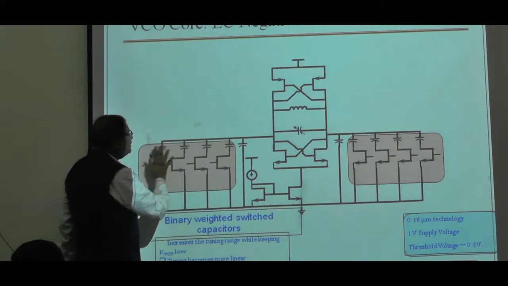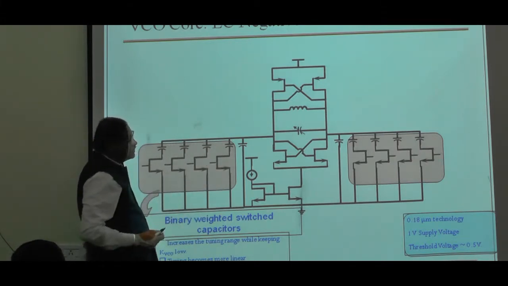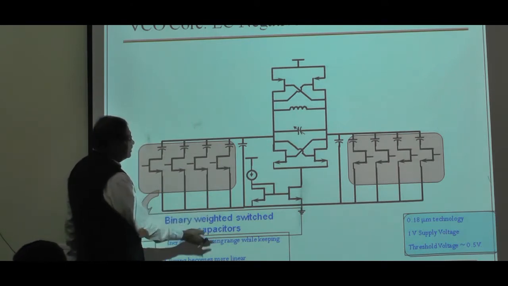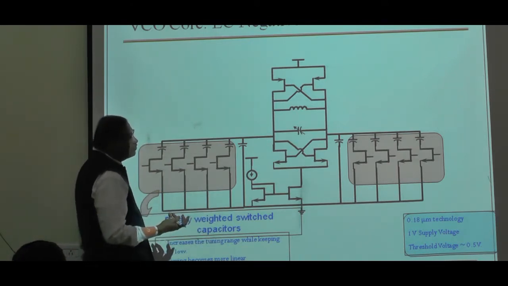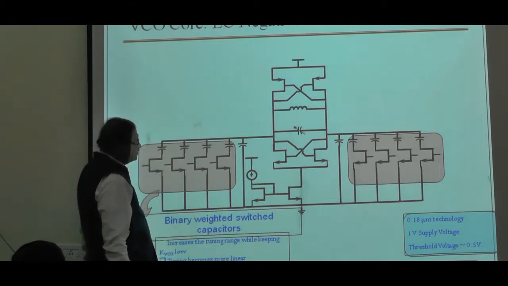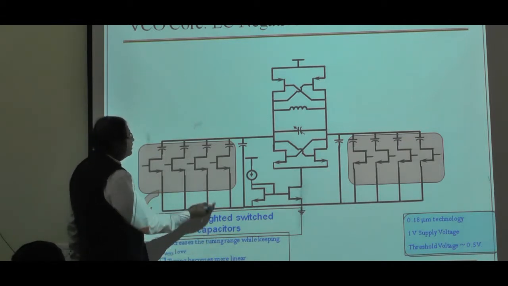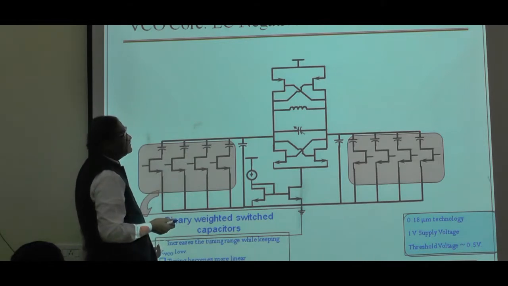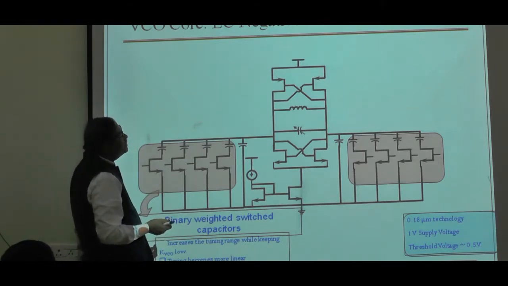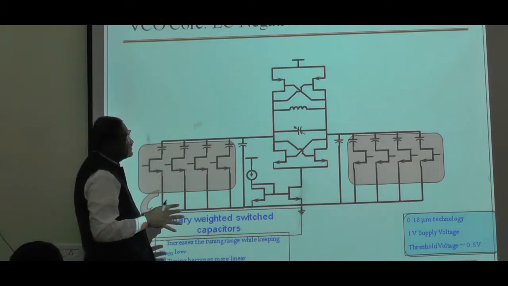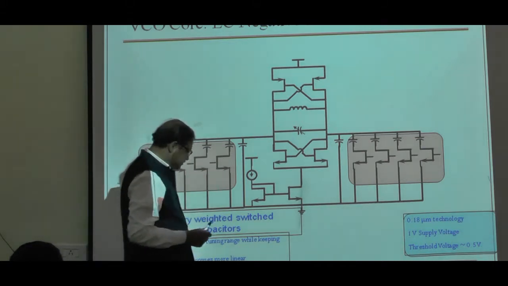So this is known as the capacitor bank. As and when required, you can turn on these switches by using 4-bit weighted control bits. So you can actually add those capacitances to this C0 and CMOS to make a frequency selection. So what do you mean by this?